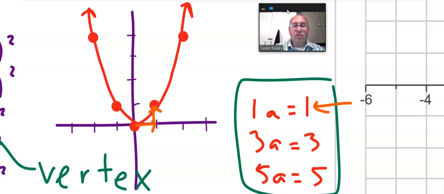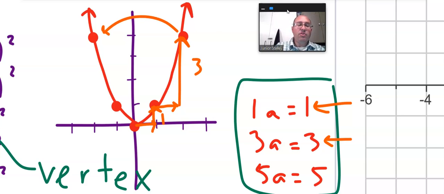The next thing I do is I go 1 unit to the right again, but instead of going up 1A this time, I go up 3A, which in this case is 3 units. So we went 1 unit up the first time, 3 units up the second time. Then you'll notice that I copied these points to the other side across the middle.